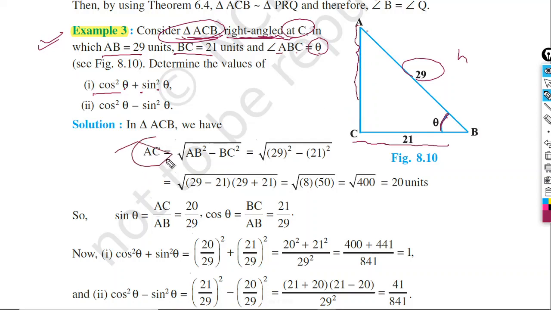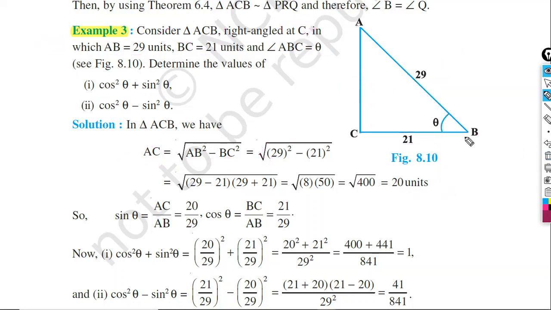So length of AC will be root over of AB square minus BC square, so root over of 29 square minus 21 square. And after calculation we found AC equal to 20. Clear? So this is 20 unit. Similarly 21 unit is BC and AB is 29 unit.